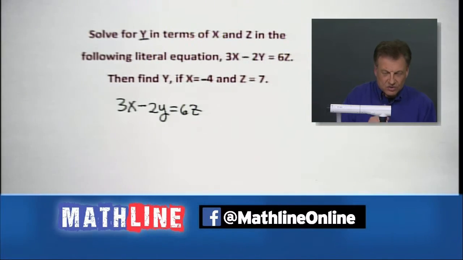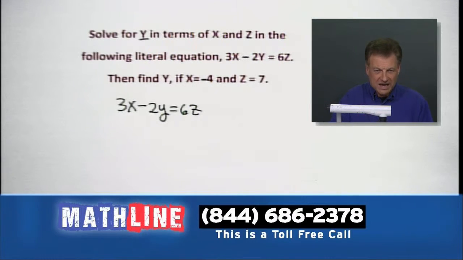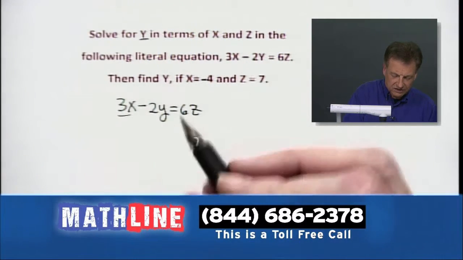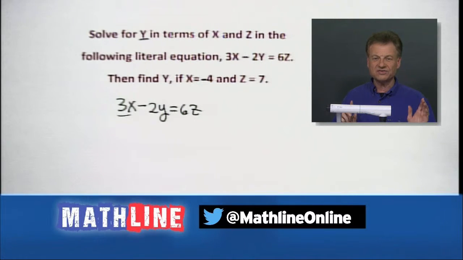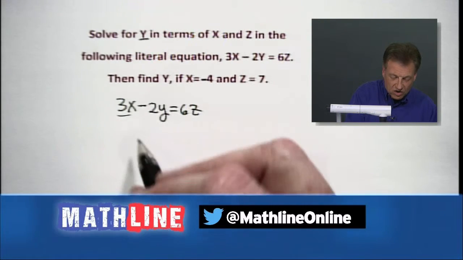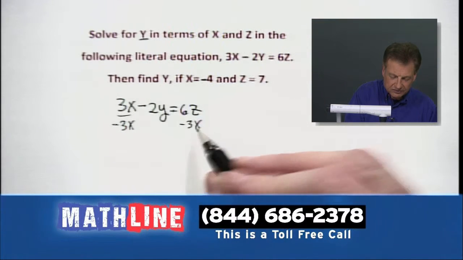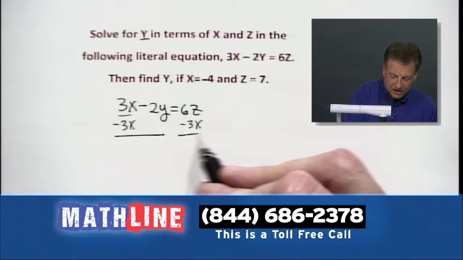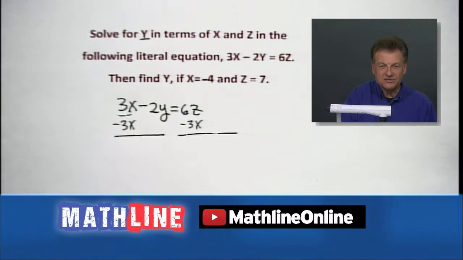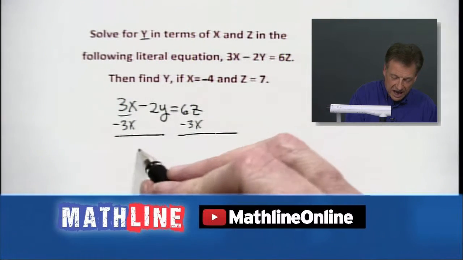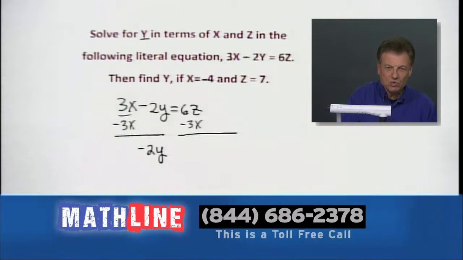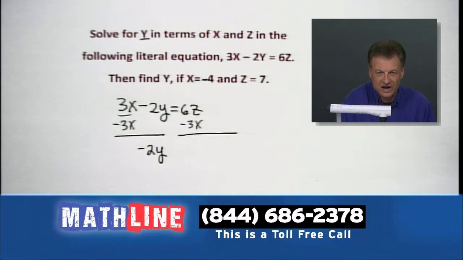So the thing that's keeping us from getting y by itself, well, you've got a 3x. Well, 6z is fine over there. So we are going to need to subtract 3x from both sides. And what happens here is I lose the x's. They're going away. But I'm left with this minus 2y hanging on right there.